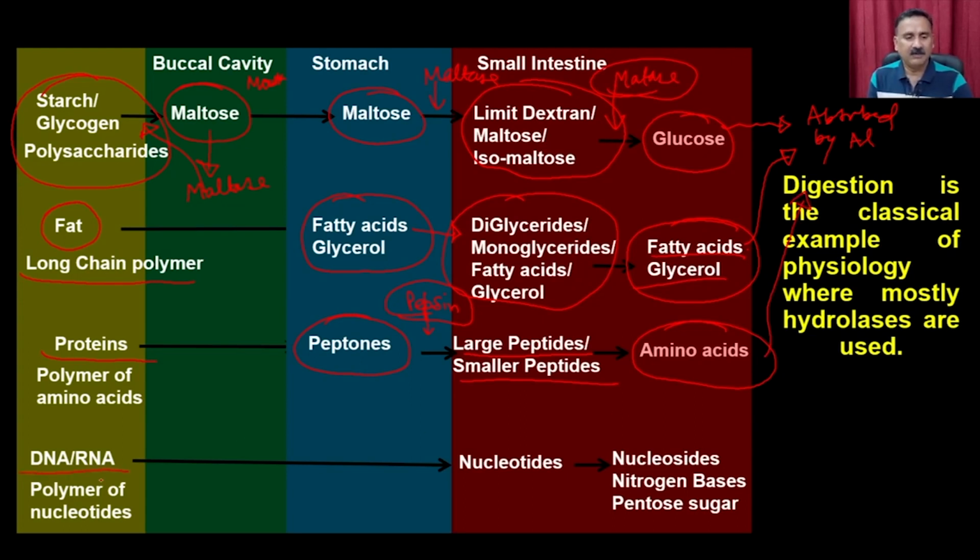Similarly, we can also have DNA and RNA, and that also is going to be converted into nucleotides within the small intestine, and the enzyme is nucleotidase, right. So that is also a hydrolytic enzyme, and that's how it is going to form the monomeric molecules, and that's how they will be absorbed.